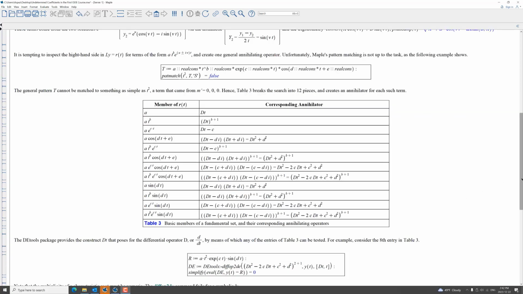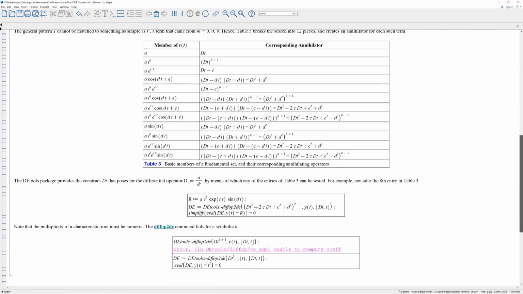And there's one other thing that I'll point out here. The multiplicity of the characteristic root, b, can't be symbolic. So take the simplest form of the operator where you have a repeated root.